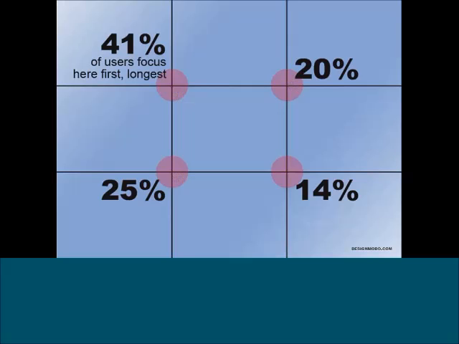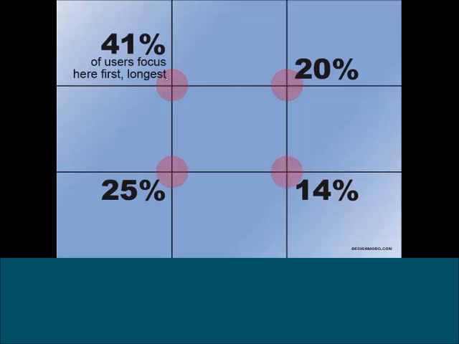If you apply the rule of thirds to your designs, you'll have 4 focal points to work with. This is one of the reasons that a trifold brochure works. According to Design Modo, 41% of the users focus here first and the longest.